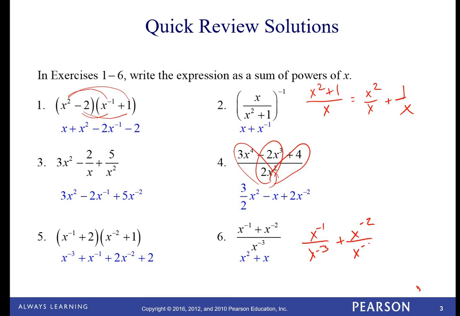And remember, our rule says that we subtract, so negative 1 minus a negative 3 is x squared. Negative 2 minus a negative 3 is x. Okay, so you should be able to transform into a term or a series of terms that have powers. So we're going to use that as we go through this lesson.